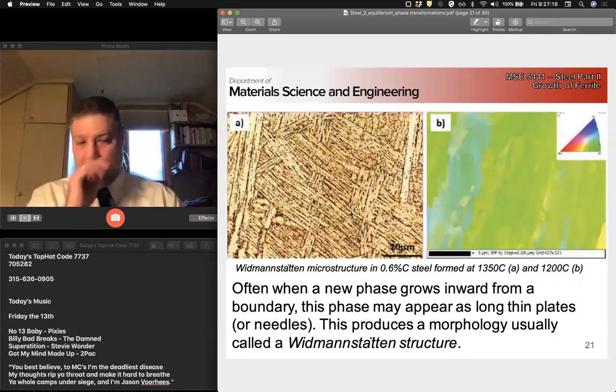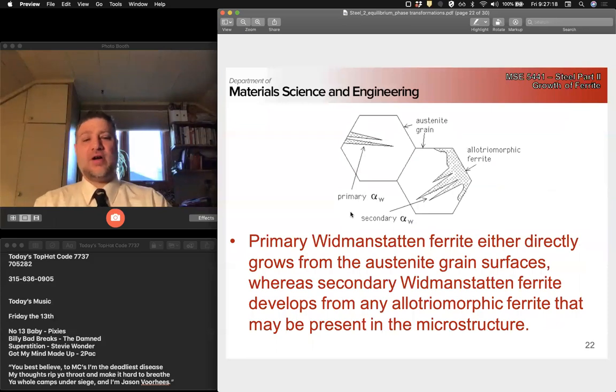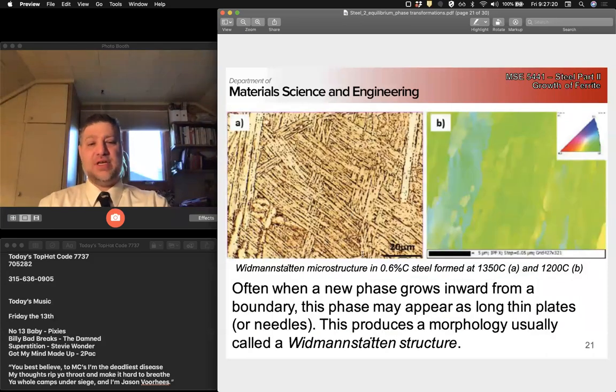Okay, so there's another morphology that we see in ferrite, and this is Widmanstätten ferrite, or a Widmanstätten microstructure. You see this a lot in meteorites, iron nickel type alloys.